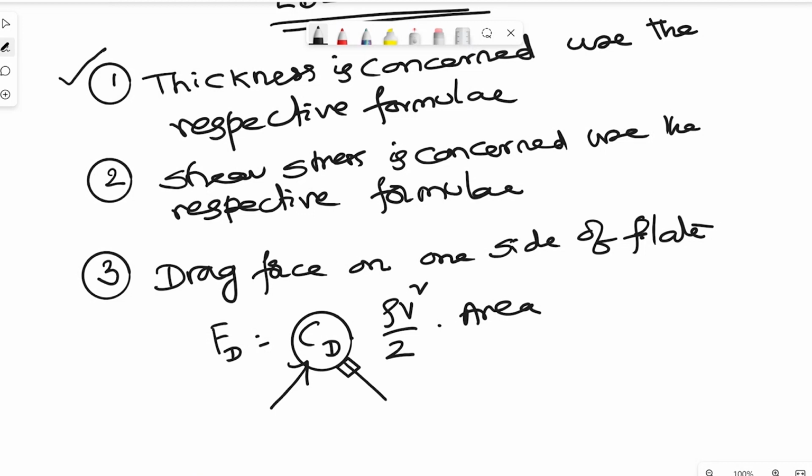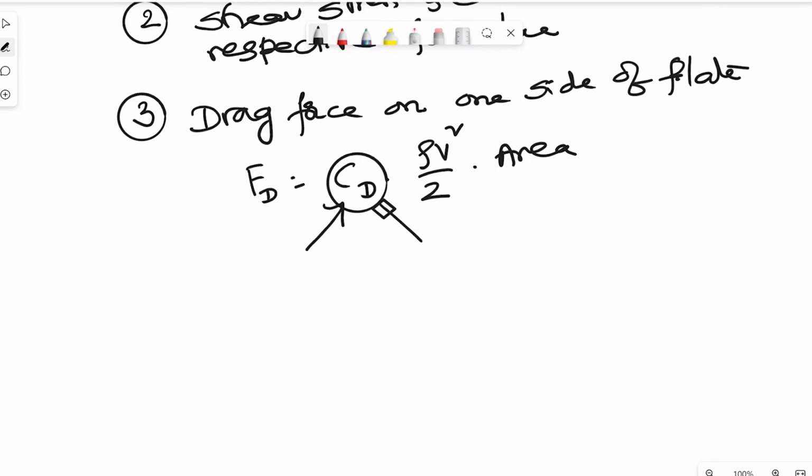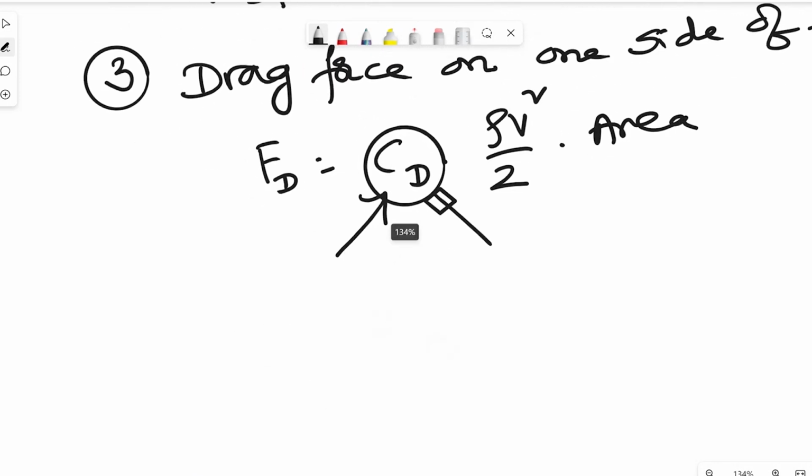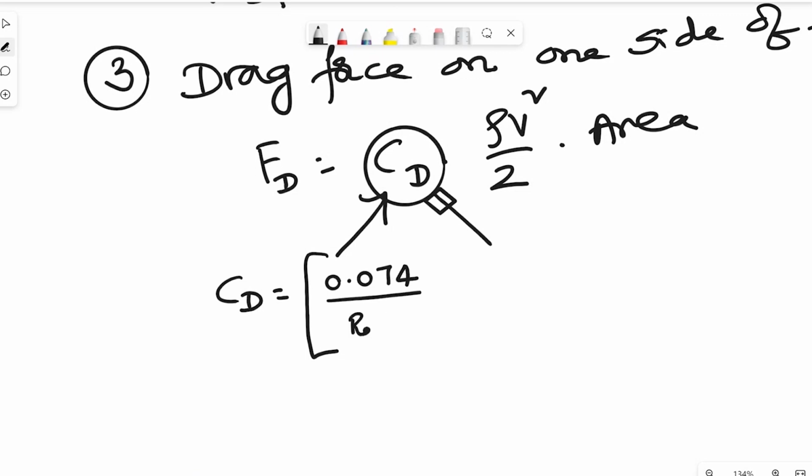So in such a case, where both the laminar and turbulent boundary layers are forming, we need to take the average drag coefficient like this. The average drag coefficient CD is equal to the turbulent boundary layer expression first, 0.074 divided by Re_L to the power of 1 by 5, take that as it is, minus 1700 divided by Re_L.